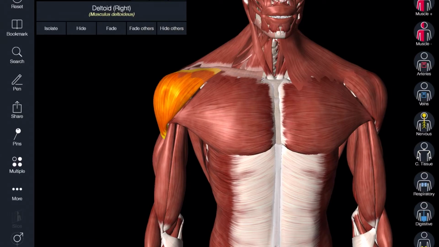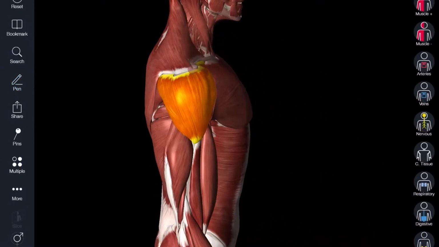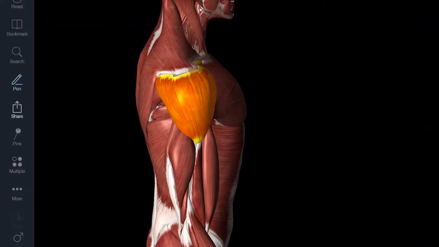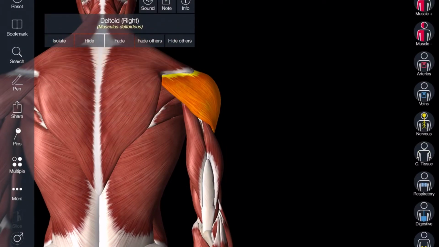And then the rest of the actions of deltoid, we're gonna break down into the anterior fibers or the posterior fibers working by themselves. So when the anterior fibers work by themselves, the anterior fibers, you can see, cross the shoulder joint more anteriorly here, whereas the middle fibers cross the shoulder joint laterally in through here, and the posterior fibers cross the shoulder joint posteriorly.